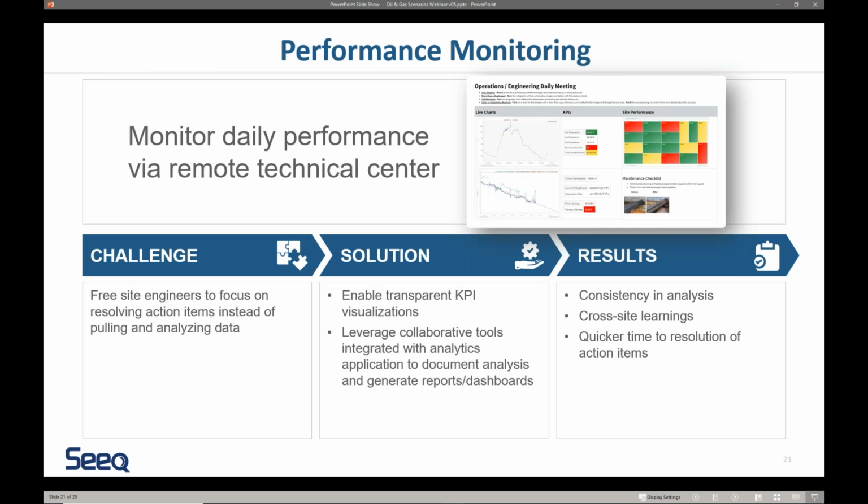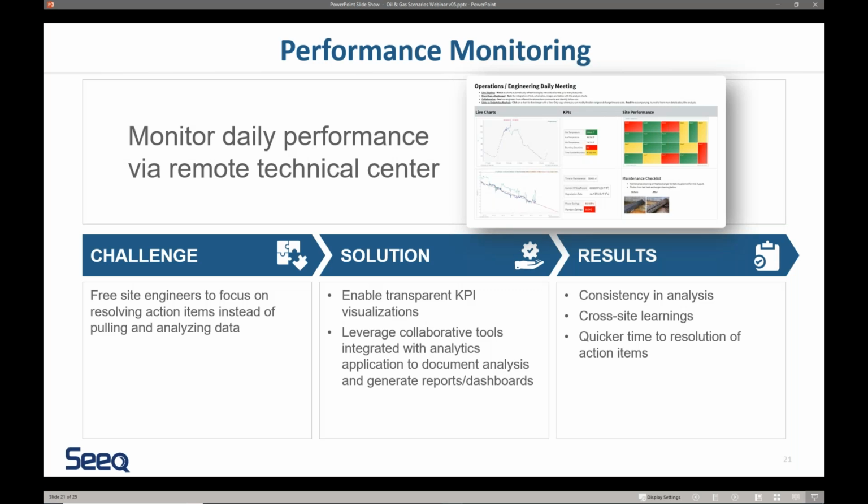The idea is site engineers are very busy and have a number of things on their plates with which they need to do. And so enabling something like this allows those site engineers to be freed up to focus on actually resolving action items instead of all the initial pulling and analysis of data.